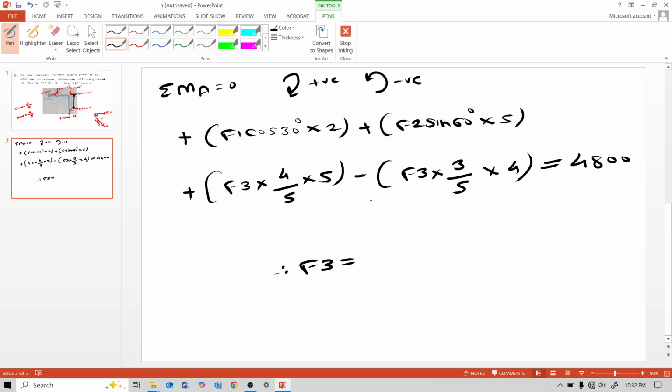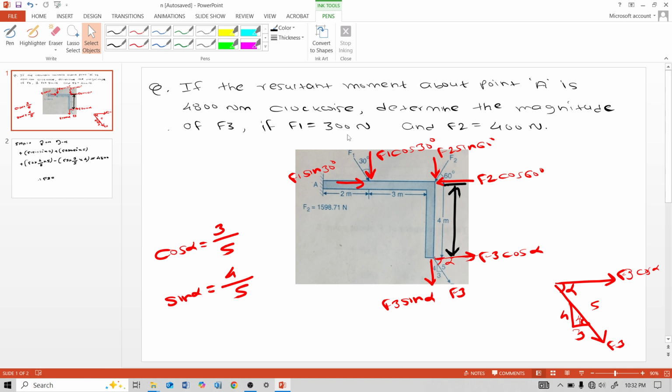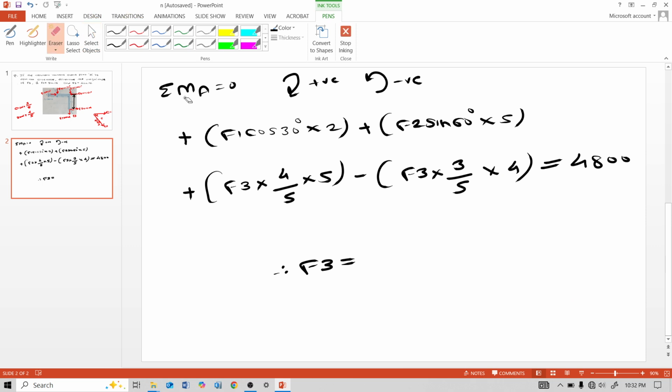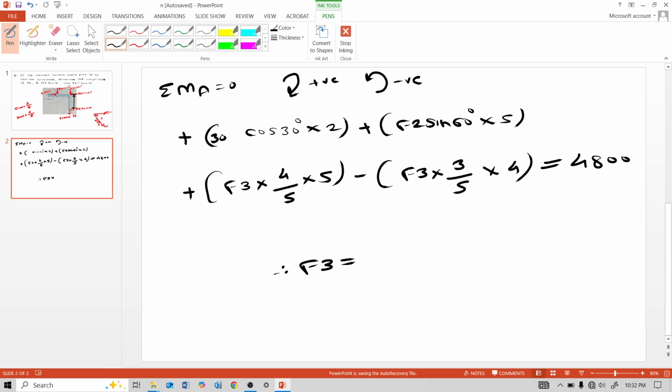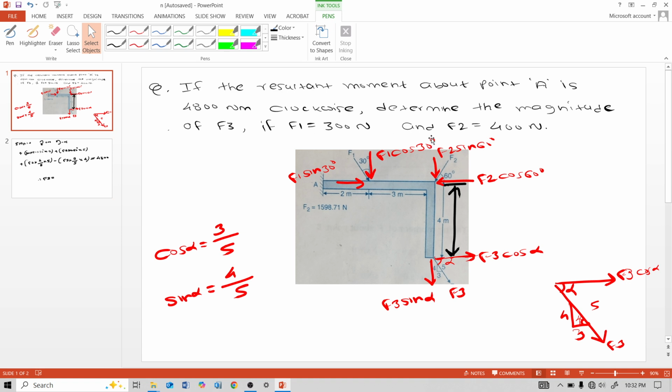So here F1 is nothing but 300 Newton, which they gave us in the numerical, and F2 is 400 Newton.